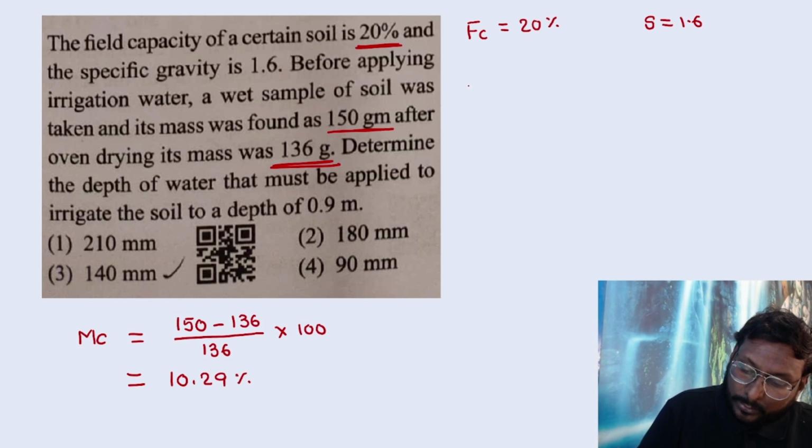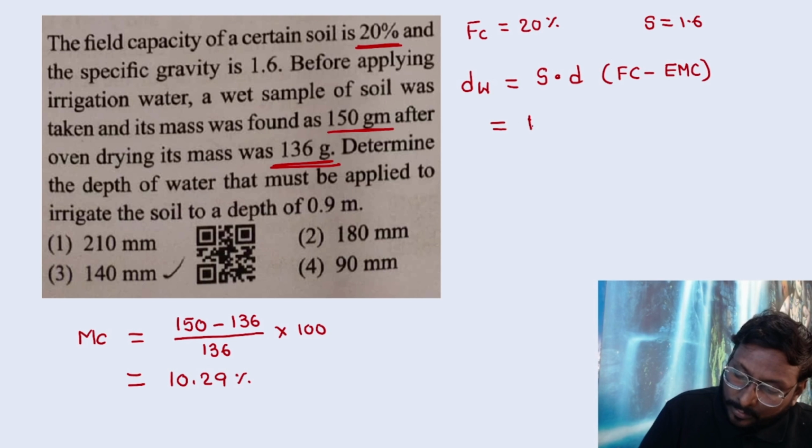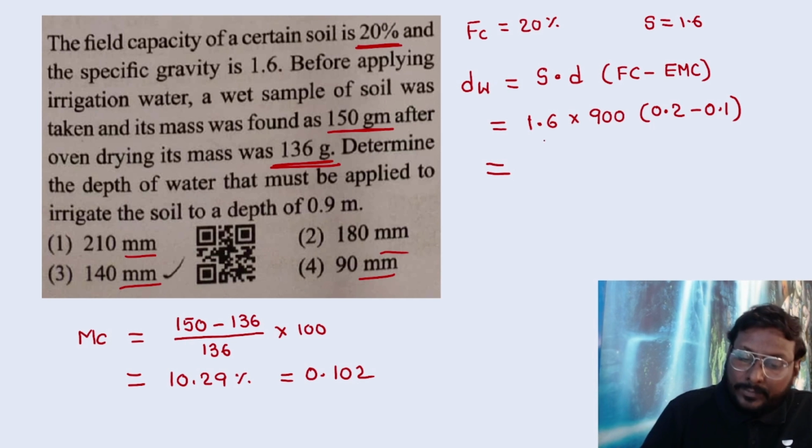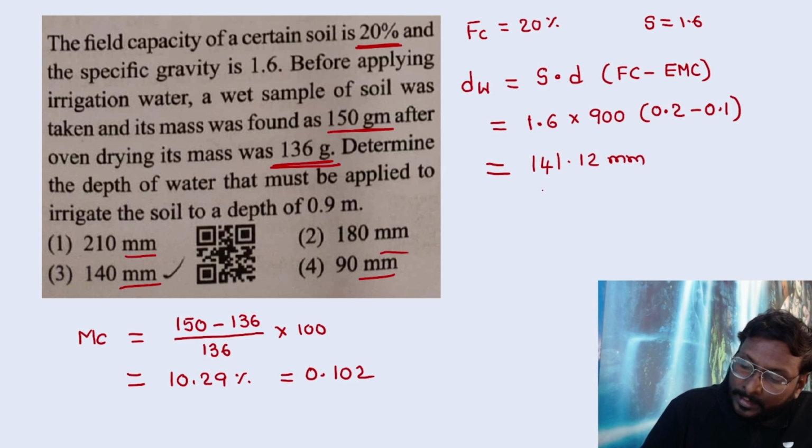Now depth of water applied dW is S into D, depth of root zone, into FC minus existing moisture content. 1.6 into 900 mm, into 0.2 minus 0.1. After solving you get around 141.12 mm. Take it as 140.